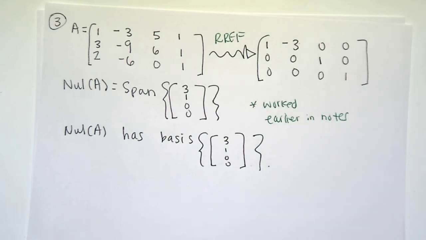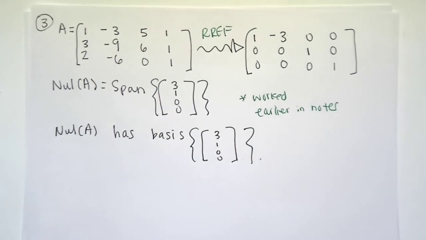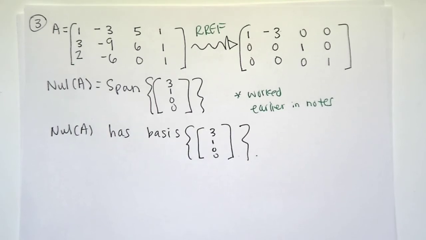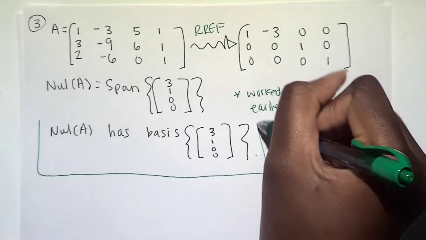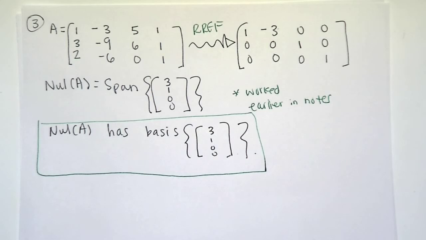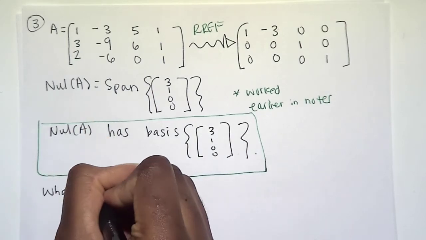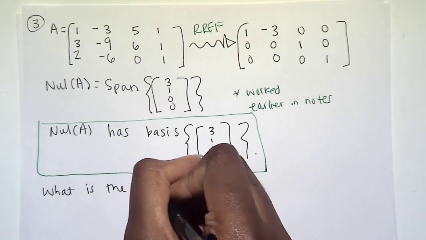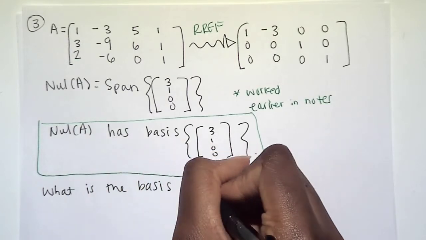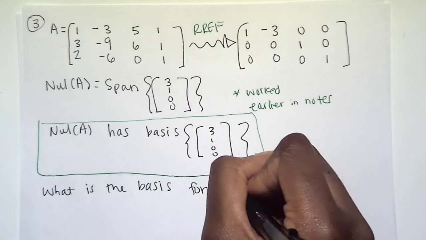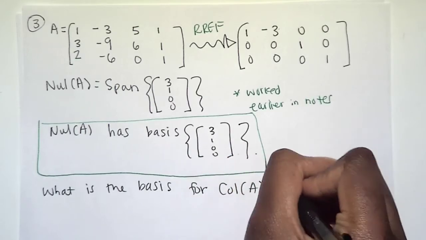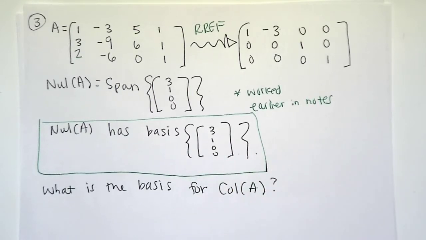All right, what about the column space? Maybe I'll block this off so we can have it here. So what is the basis for the column space of A? Let's remember what the column space is.